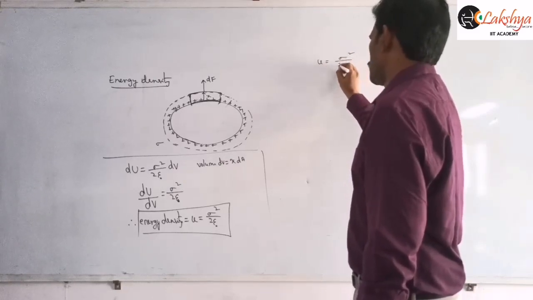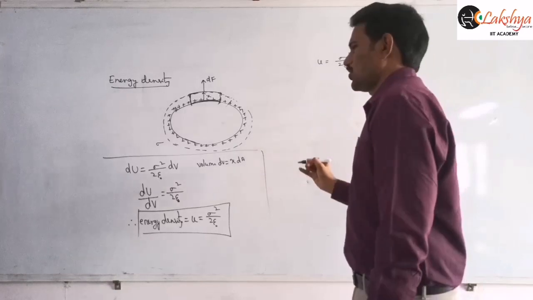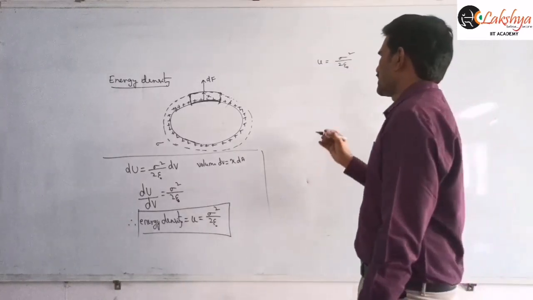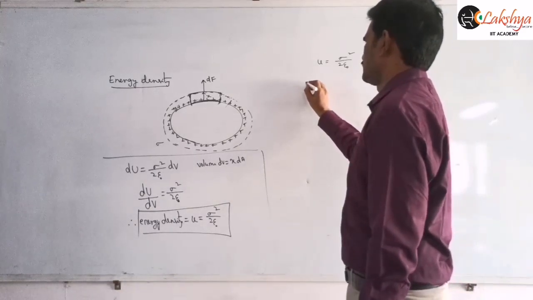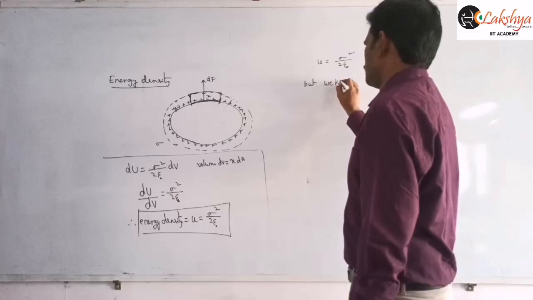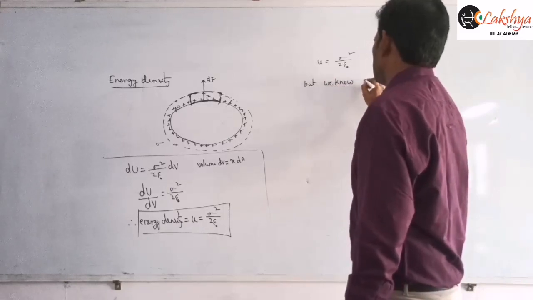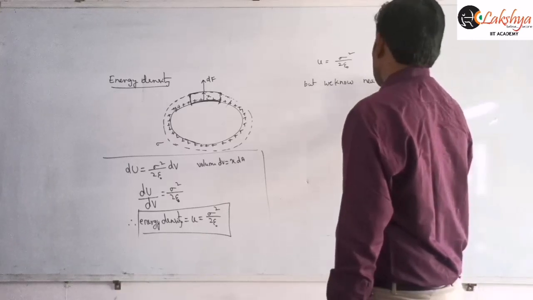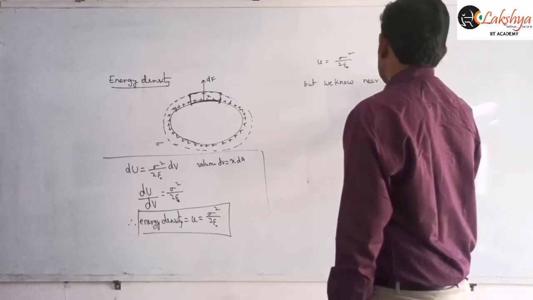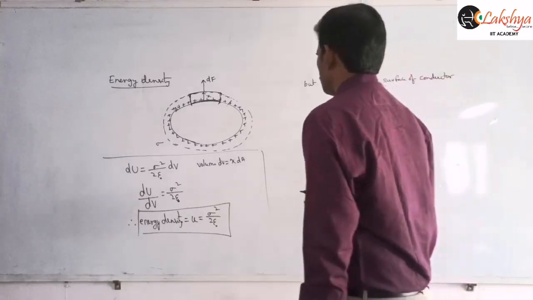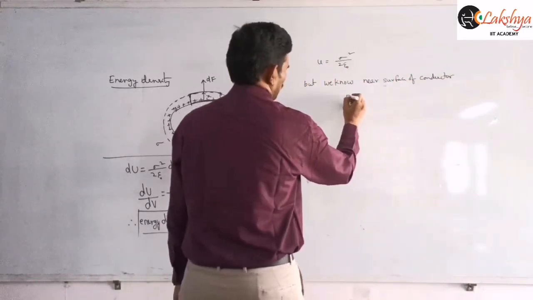Now this expression you can also write in terms of the electric field. But we know near the surface of a conductor the electric field E is equal to sigma by epsilon naught, right?